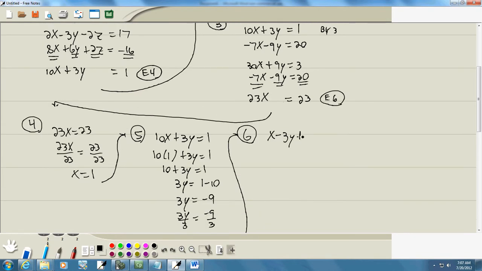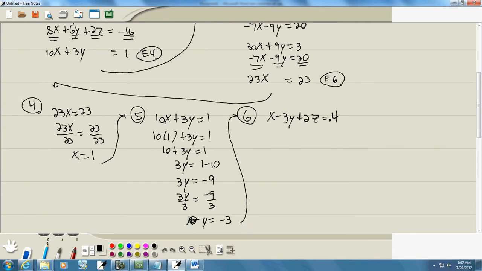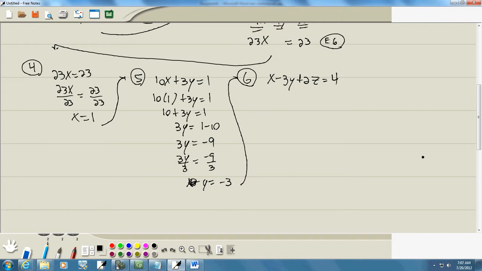Now it doesn't matter which one you plug it into. They will all give you the same answer. Well, we just said x was 1, so we'll put 1 in for the x. And we just said y was negative 3, so we'll put negative 3 in for the y. Plus 2z equals 4. And then solve it.